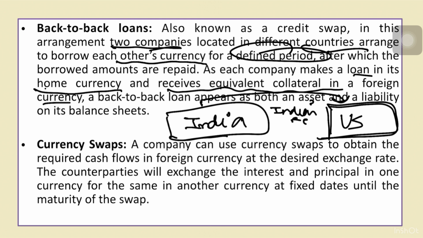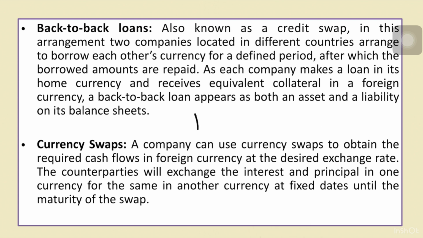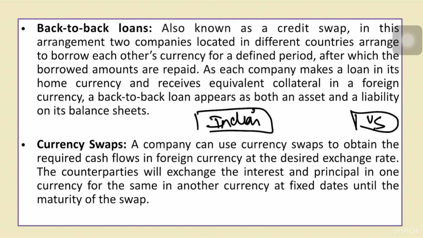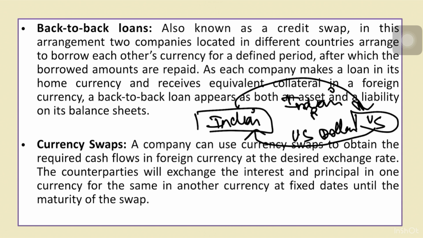Loan in home currency, and collateral will be given by the company based in US to the Indian company, that will be in US dollars. Clear? And similarly, US based company will be giving loan to the Indian based company in US dollars, and collateral will be given by the Indian company in Indian rupees. I hope this is clear.